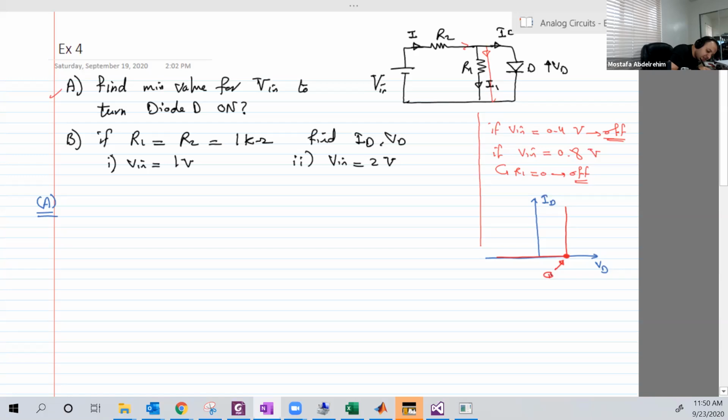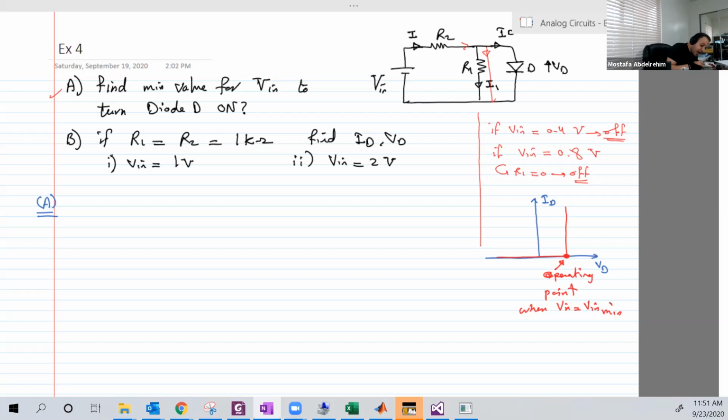So this is the operating point when Vin is equal to Vin minimum, the minimum input that will just turn the diode on. The current is still zero, but when the input voltage gets slightly beyond the input minimum, there will be a positive current flowing through the diode.